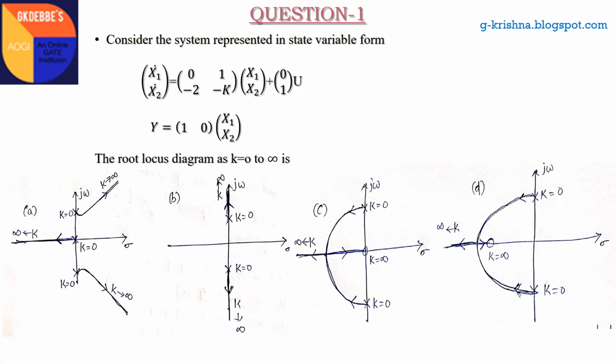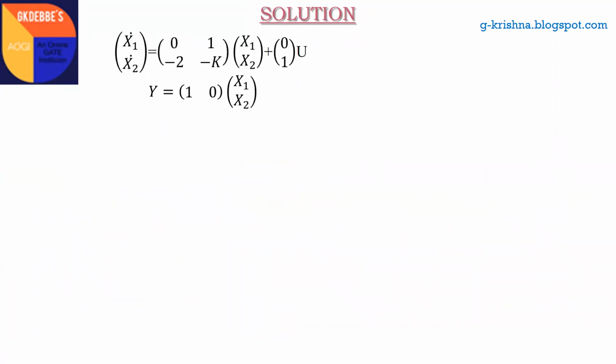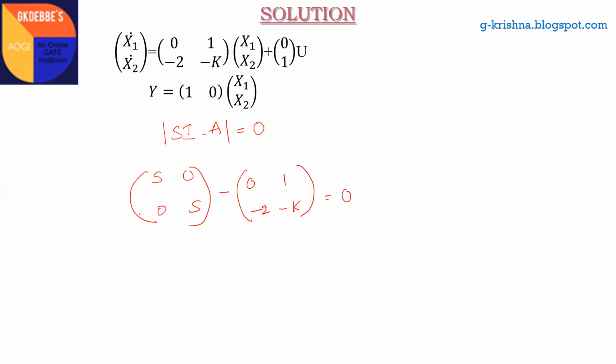From the state variable model, to find the root locus diagram, first we have to find the characteristic equation. This is the given state variable model, and the characteristic equation formula is the determinant of sI minus A equal to 0. Here I is the 2 by 2 identity matrix multiplied with s, and A matrix is this one.